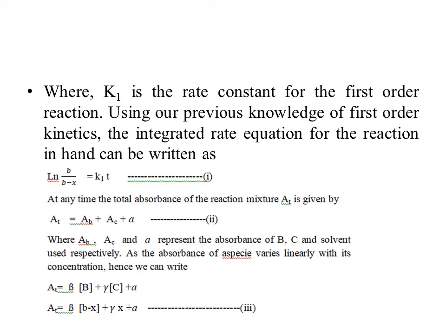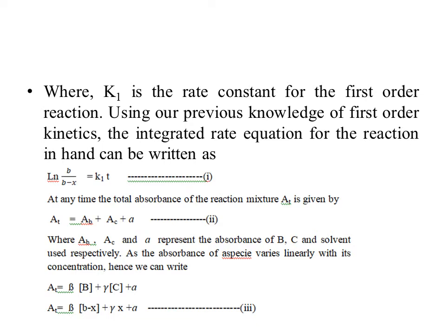This is equation number 2. Now dear students, where AB, AC and alpha represent the absorbance of B, C and solvent used respectively.